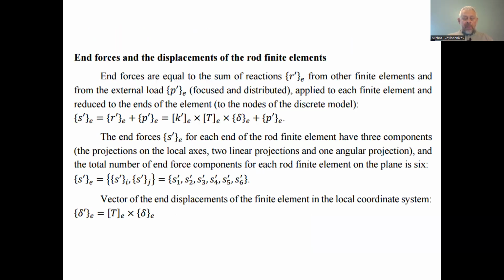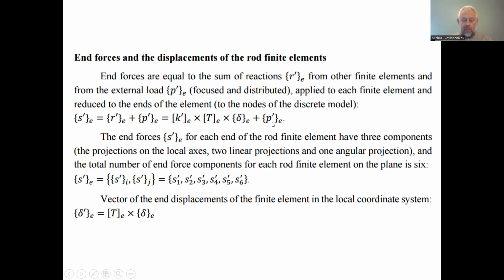And forces and displacements of the rod finite element: the forces are equal to the sum of reactions from the other finite elements and from the external load. So the forces at each of the two ends of the rod finite element have to be the total, and we consider this by the formula. We have to define the external forces reduced to the ends of the finite element.